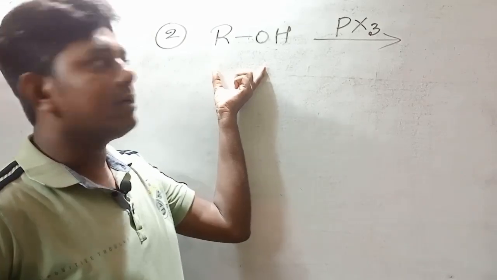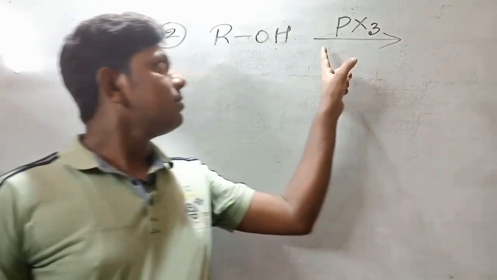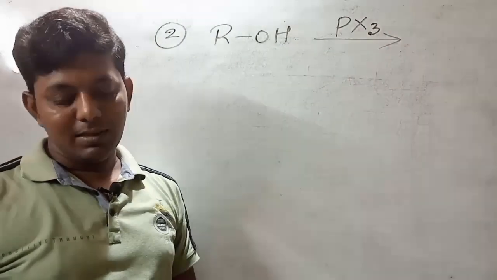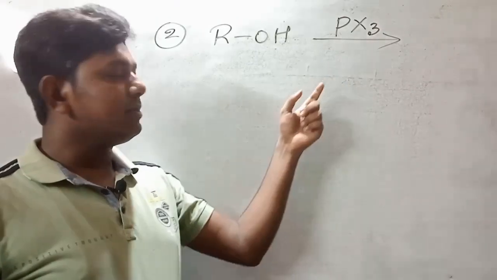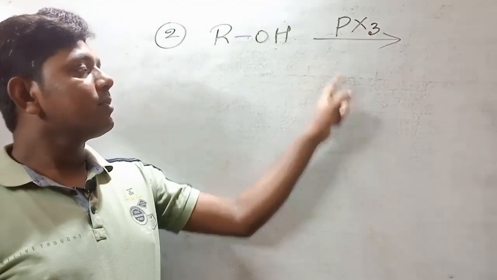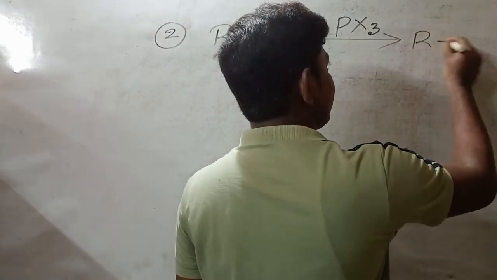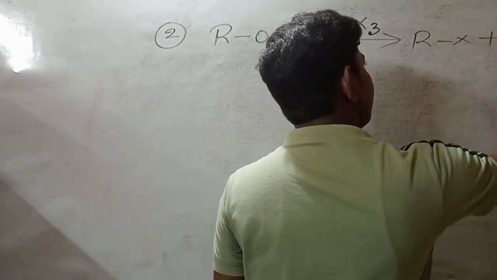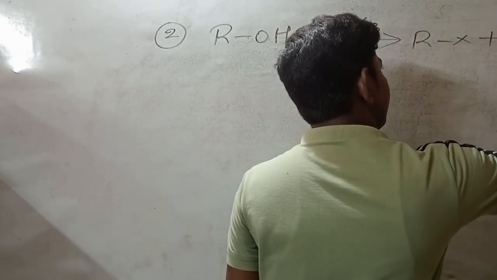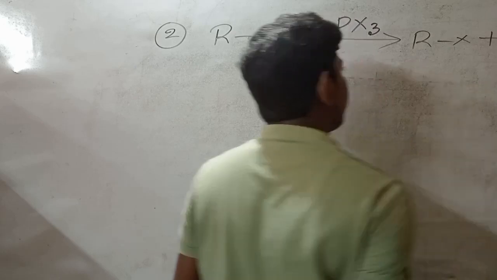PX3 means something like PCl3. So RX is formed and H3PO3 is the byproduct.